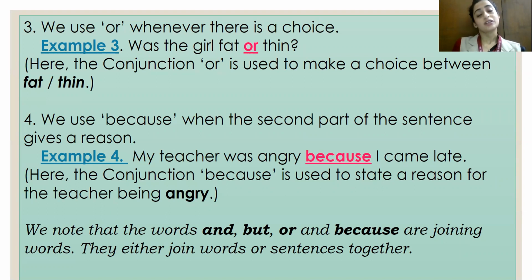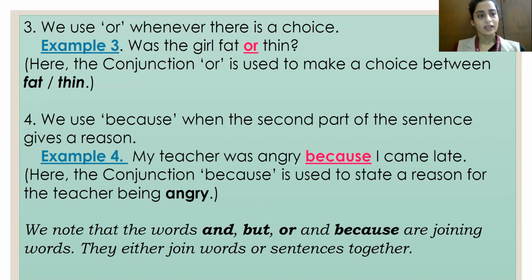We use it when there is a choice. When we are presented with a choice, we use the conjunction or. Here, or is used to make a choice between fat or thin. So we need to decide whether the girl was fat or the girl was thin.